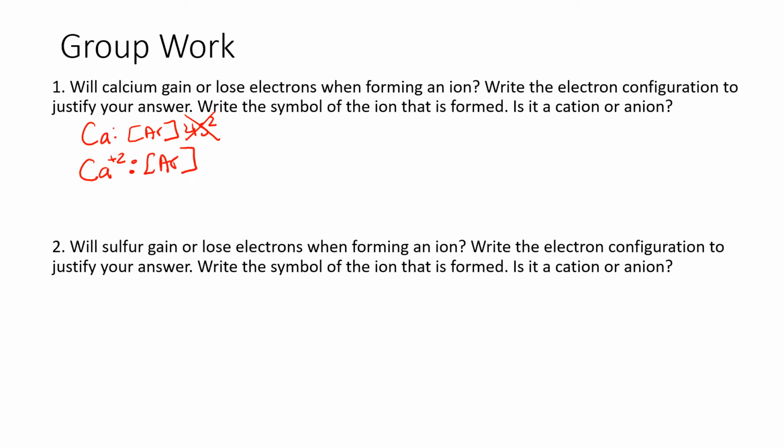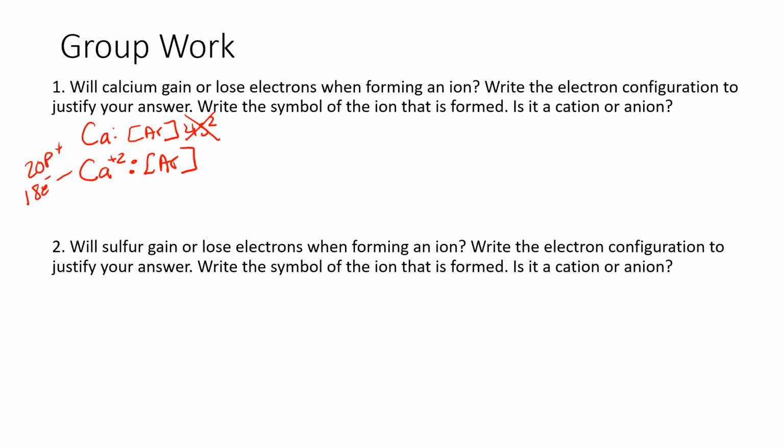Notice how it is positive 2, because when you lose 2 electrons, you lose negativity, you become more positive. That's why it's plus 2. Now, we're not saying that calcium plus 2 is argon, right? Because calcium still has its 20 protons, but now it has only 18 electrons, which looks to be the same electron configuration as argon.